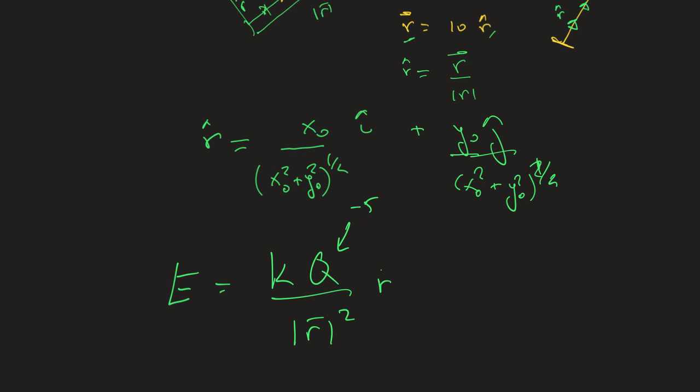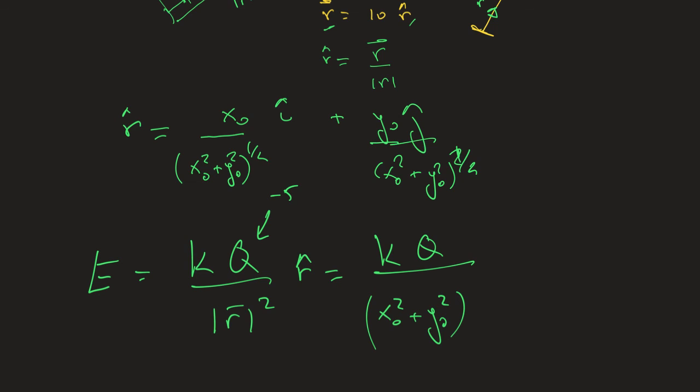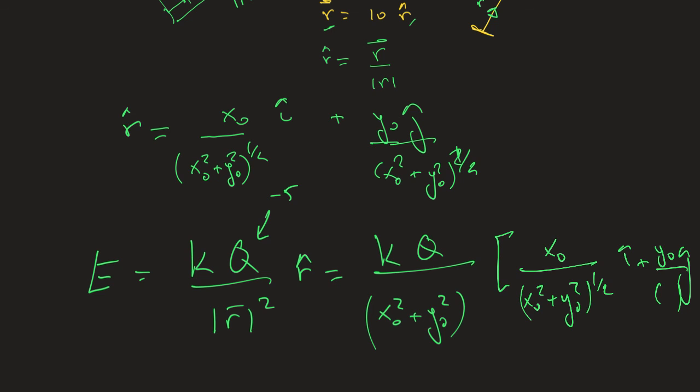So it will be K, capital Q, over x0 squared plus y0 squared, the magnitude of r squared, times the unitary vector r. And what is the unitary vector r? It is x0 divided by the square root of x0 squared plus y0 squared, i, plus y0 divided by the same magnitude, j, and it's done.